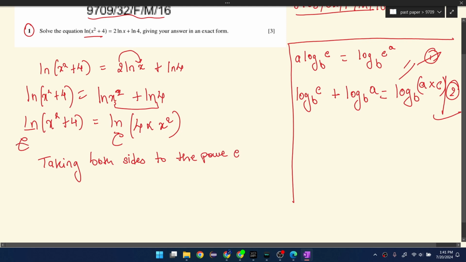What does this mean is we now write this equation as e to the power ln of x squared plus 4 is equal to e to the power ln of 4x squared.